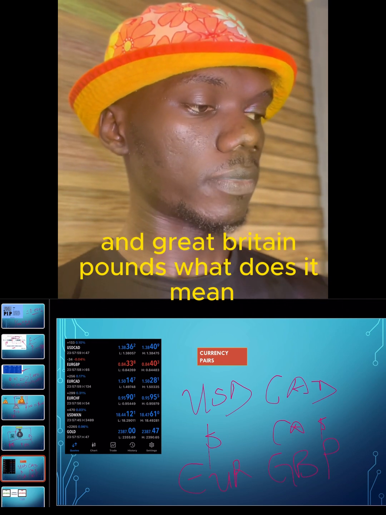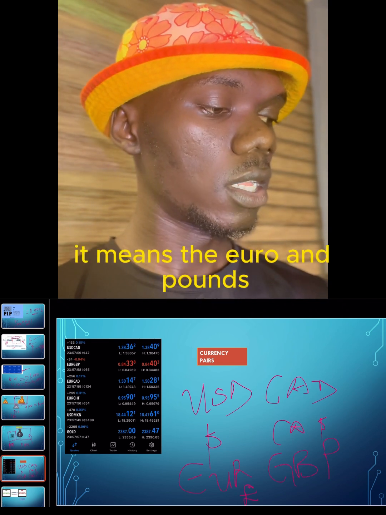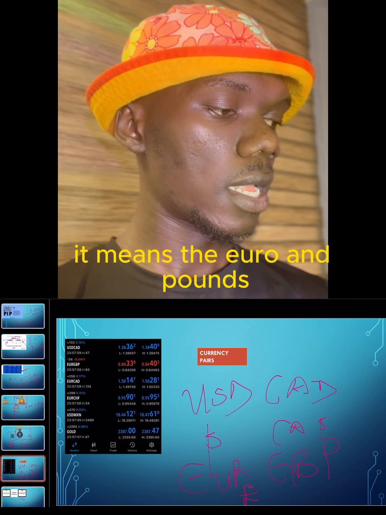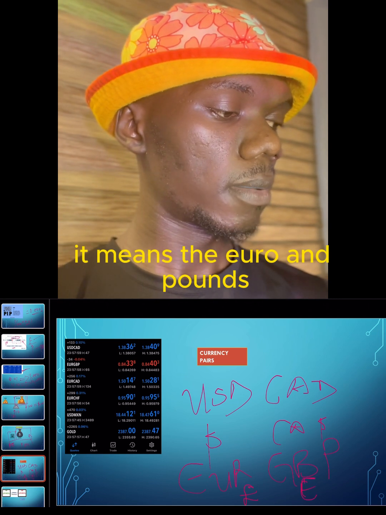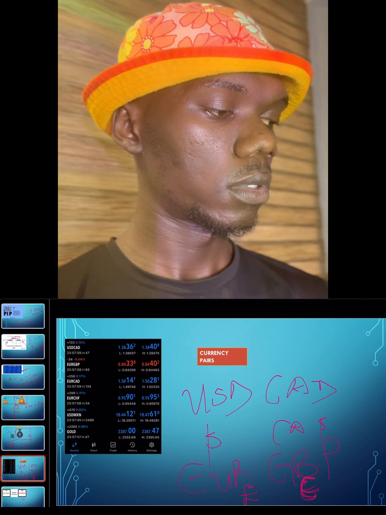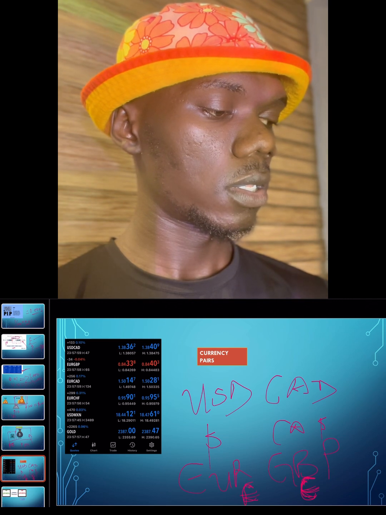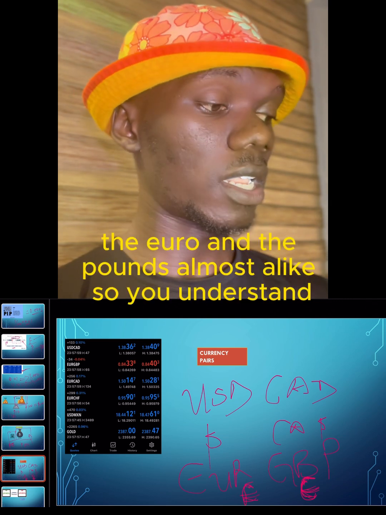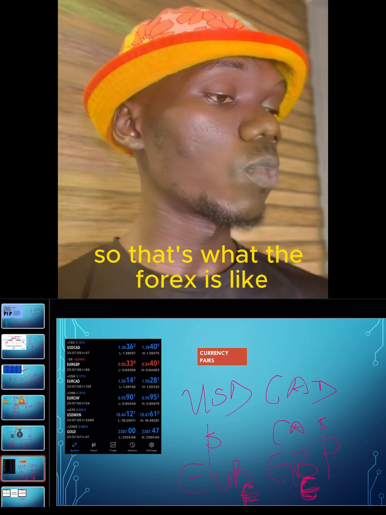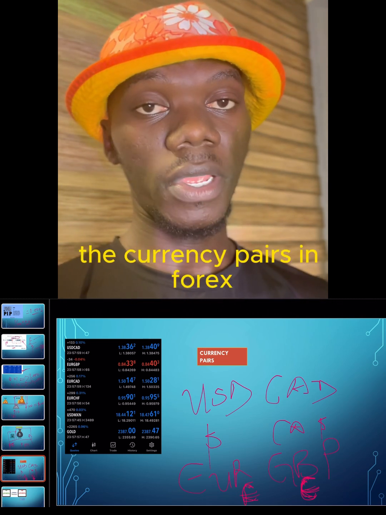What does it mean? It means the euro and pounds. The euro and the pounds are almost alike. So you understand? So that's what the currency pairs in Forex are like.